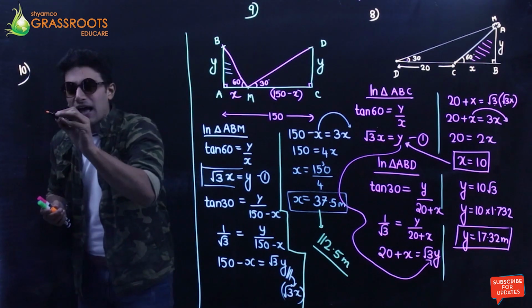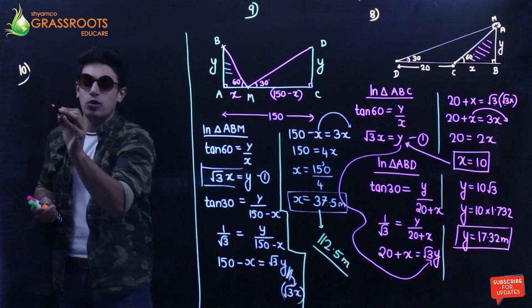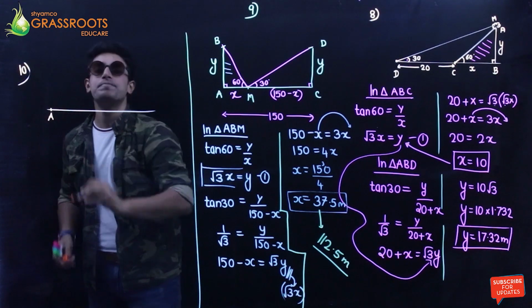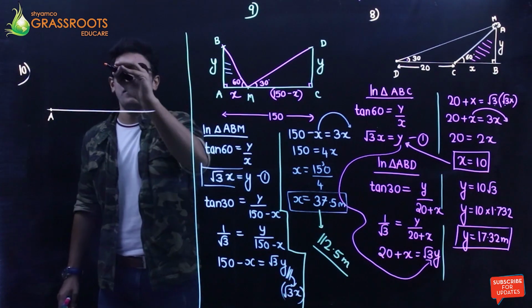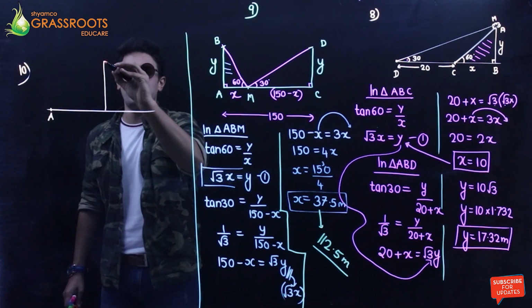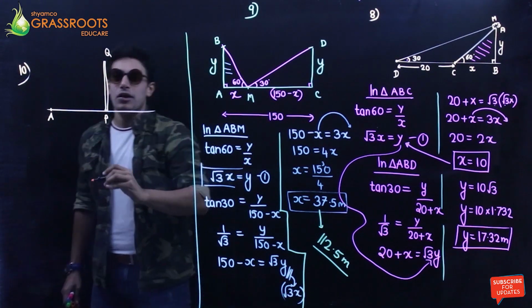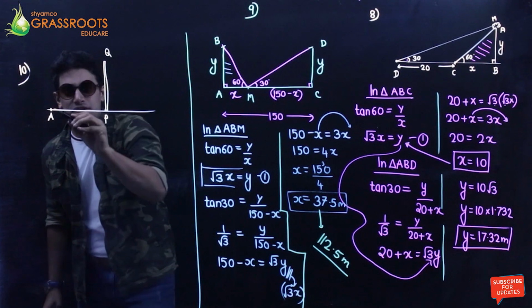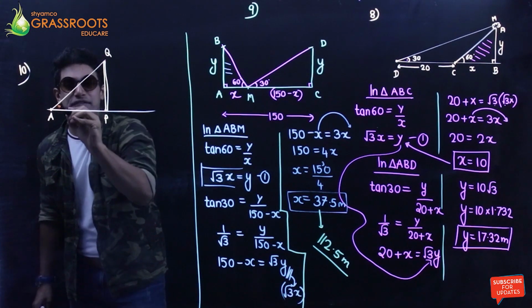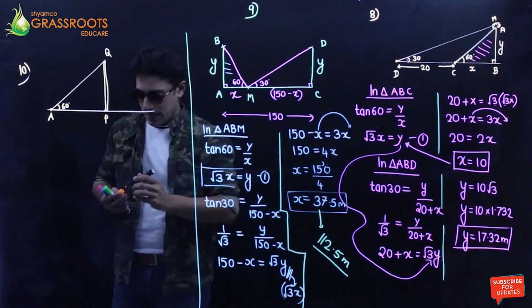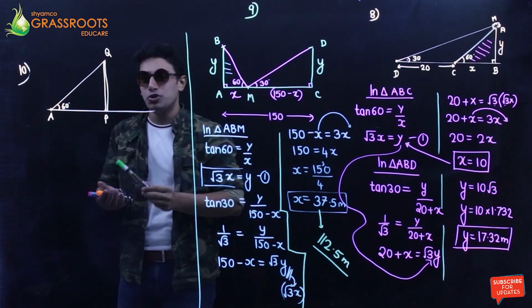Fine. I was right now at the ground level, out here. Ground level A. There was a tower out here, PQ. When I saw the tower, this angle of elevation was found to be 60 degrees. Now I went to the building top.